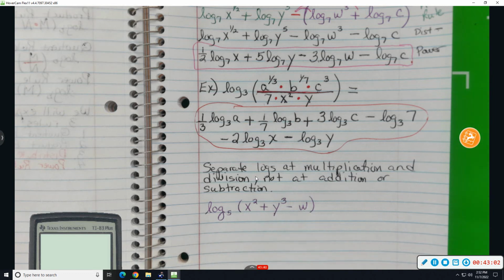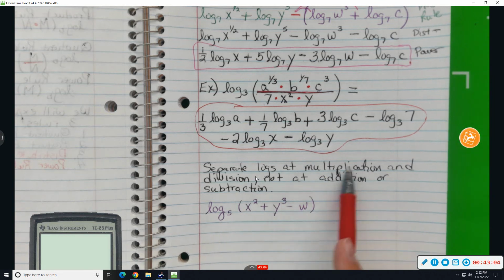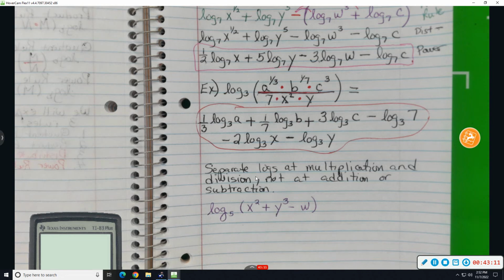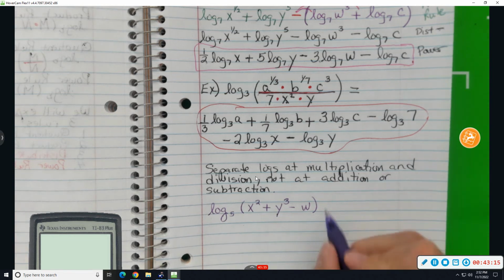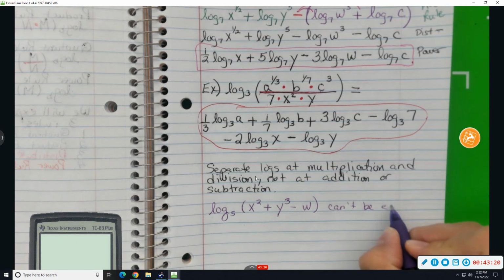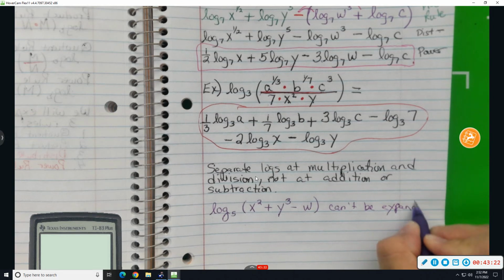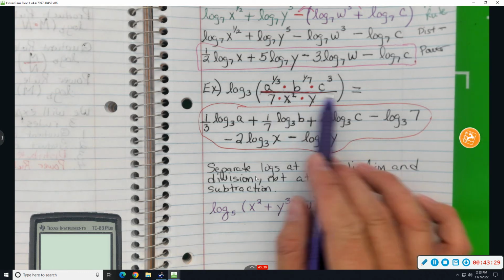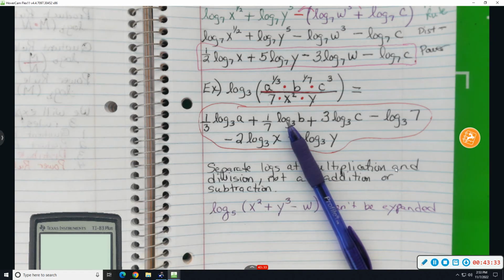No. There's no multiplication and division here. What do y'all think the common wrong answer is? People distribute the log base 5. No, no, no. Those distributing rules don't work like this. This thing right here can't be expanded. Why? Because it's separated with addition and subtraction. It's got to have multiplication and division in order for you to do this expanding stuff.